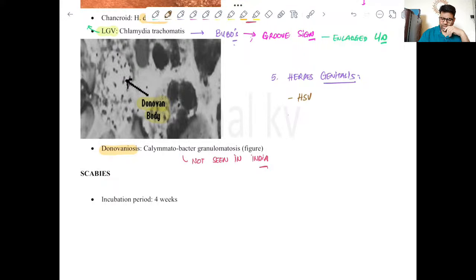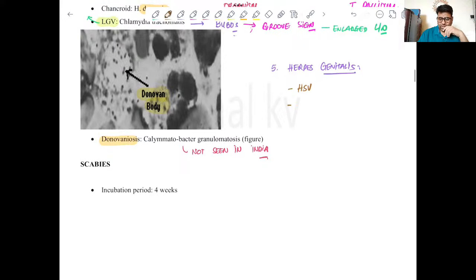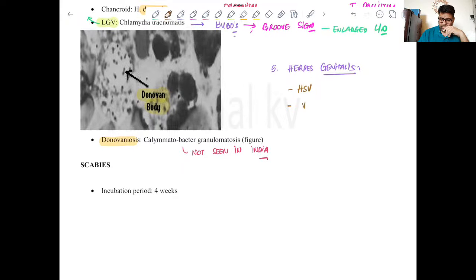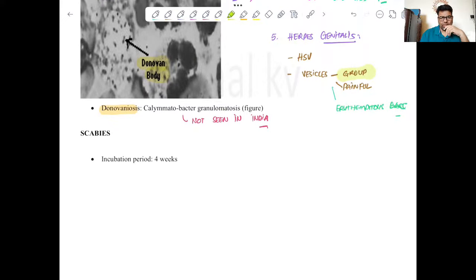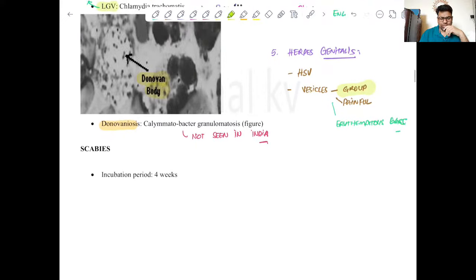So HSV, and here there are small vesicles in groups, which are extremely painful, and there is a red base, so erythematous base. Clear? So this is a classical grouped lesion of herpes genitalis, very easy to identify.